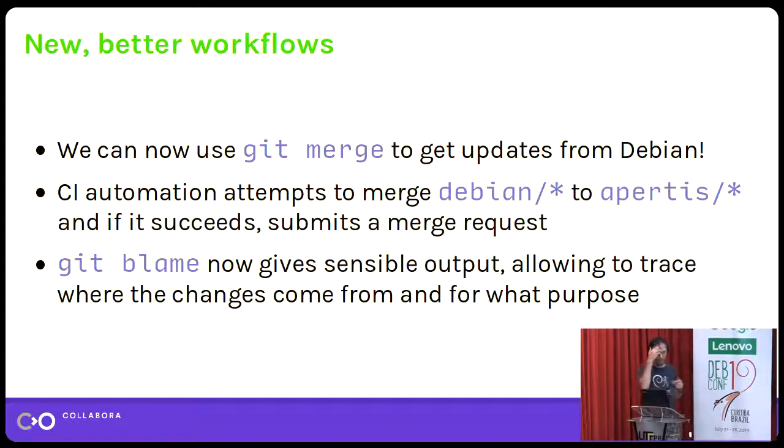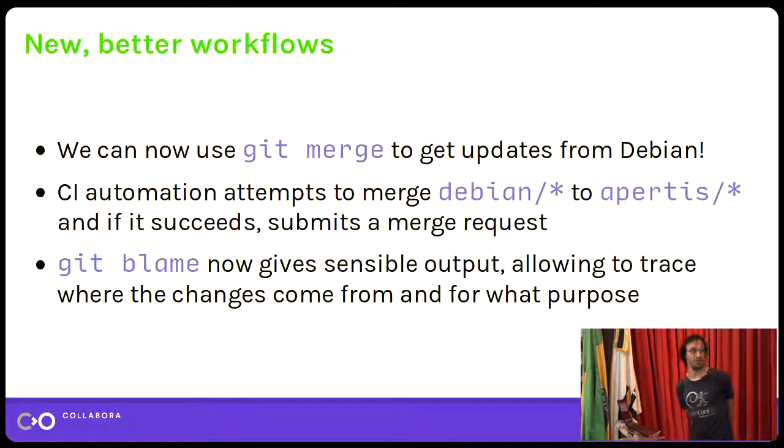It uses the package merge changelog tool, so it can sort and merge the entries. But if any other merge conflict happens, it doesn't attempt to do anything with that. It just bails out. But if it succeeds, it submits a merge request.